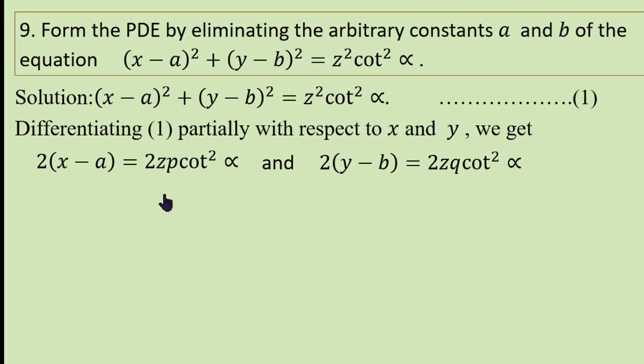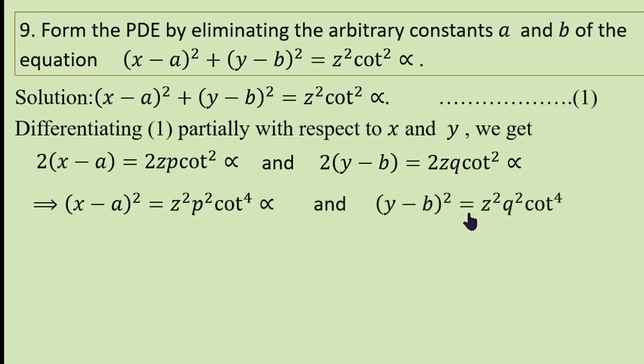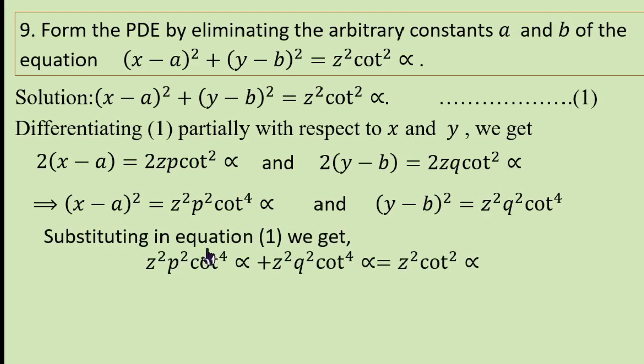Now cancel 2 and square. (x minus a) whole square is z square p square cot power 4 alpha, and (y minus b) whole square is z square q square cot power 4 alpha. Now substituting in equation 1, we get z square p square cot power 4 alpha plus z square q square cot power 4 alpha equal to z square cot square alpha.